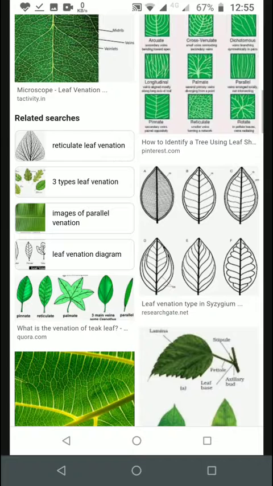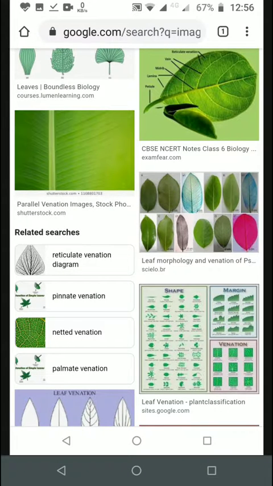This type of venation is called reticulate venation. In parallel venation, in the leaves of plants such as grass, banana, etc., veins run parallel to each other. This type of venation is known as parallel venation.